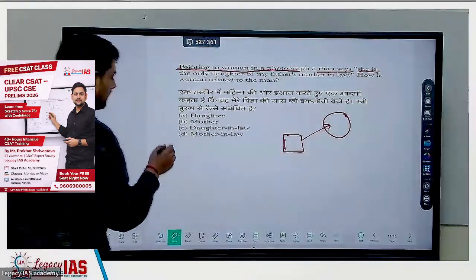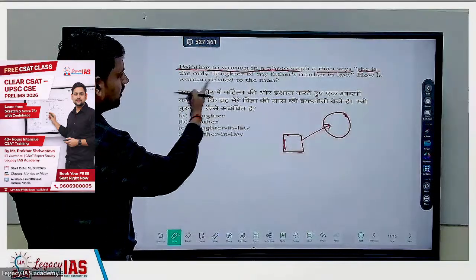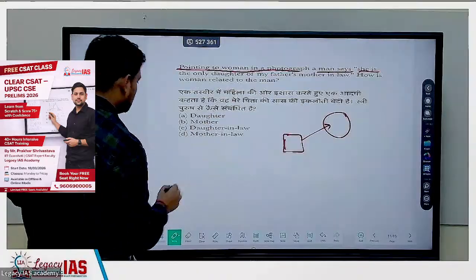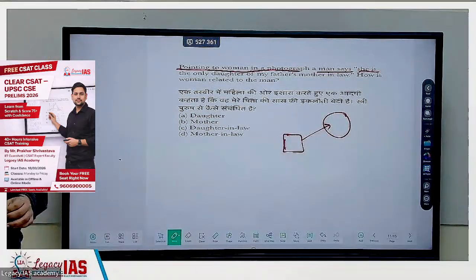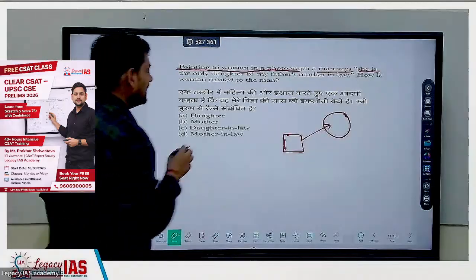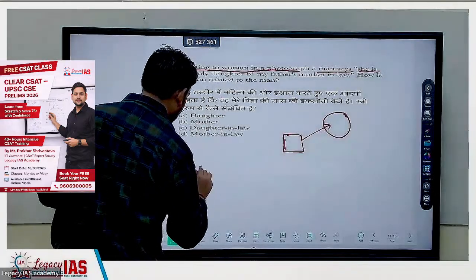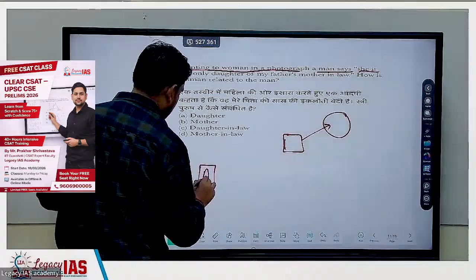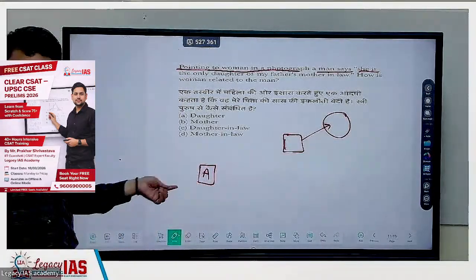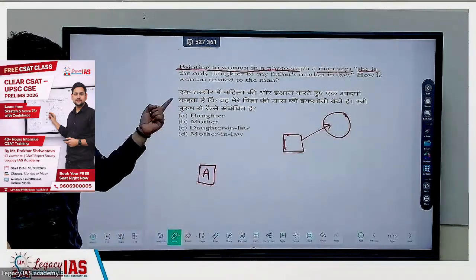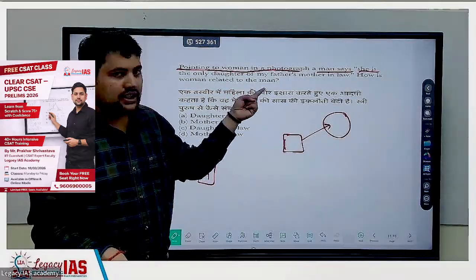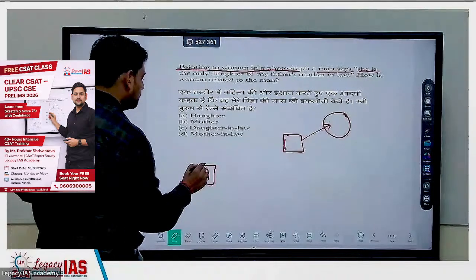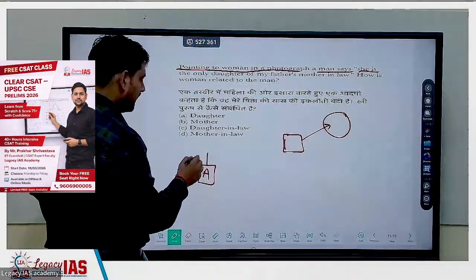So this is a photograph with a woman, and a man is speaking. The first thing we get from this is our guy. Let's say his name is A. Pointing at that photograph, he said she is the only daughter of my father's mother-in-law. So first we should draw his father.